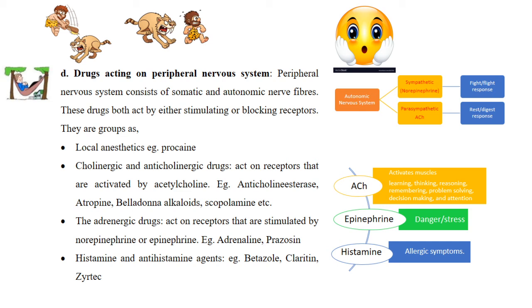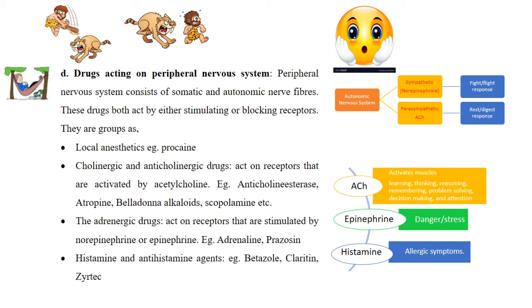Okay, and the other one, histamine drugs. Histamine drugs have the purpose of having some long term memory effects. Nowadays they have found that histamine release in our brain will enhance long term memory.